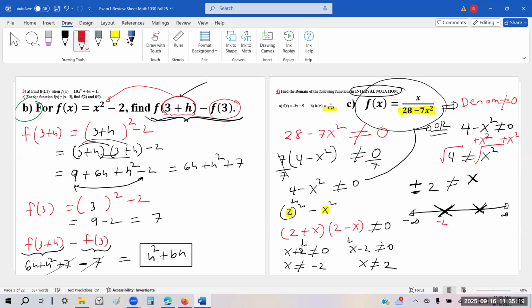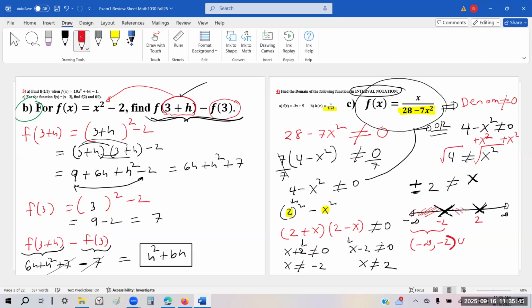One of them is -2, one of them is +2. So how do you write the first interval? -infinity to -2, parentheses. We cannot plug in -2 for x. So it's parentheses.